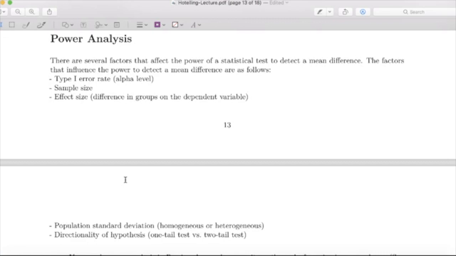The effect size. If I give you a very large effect size, you probably will need fewer people to find significance, basically. If I give you a very small effect size, you're probably going to need more people to find what it is you're looking for in that sample. You need the standard deviation, and you need the directionality of the hypothesis.